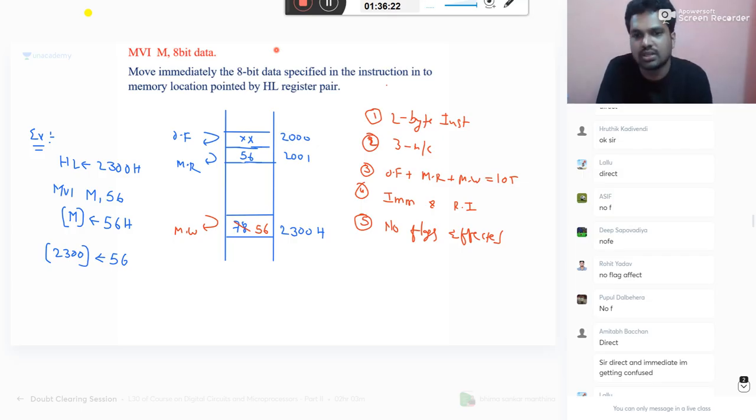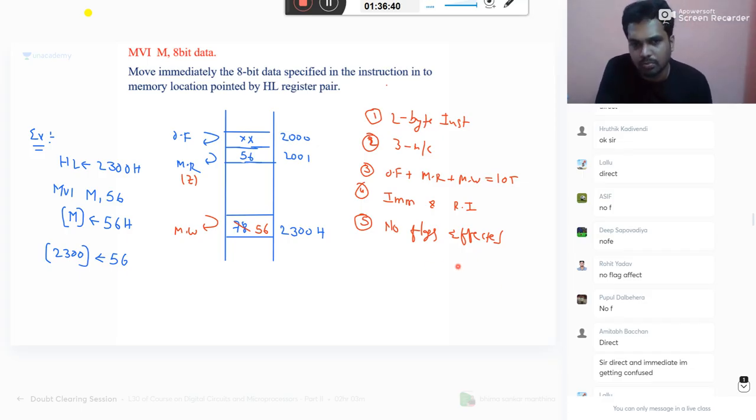I mean, which register will be used for doing this job? Only one. WZ is not required. Only Z will be used.